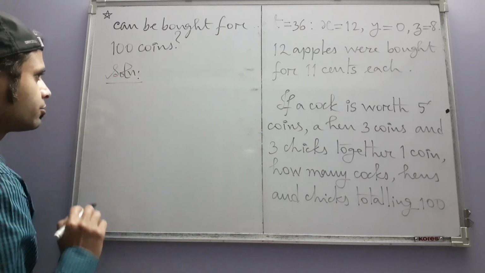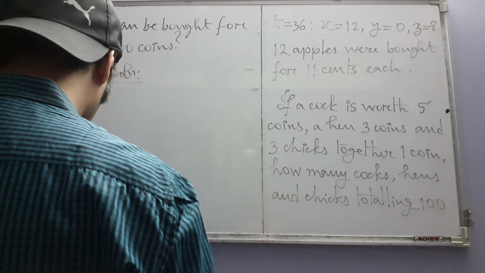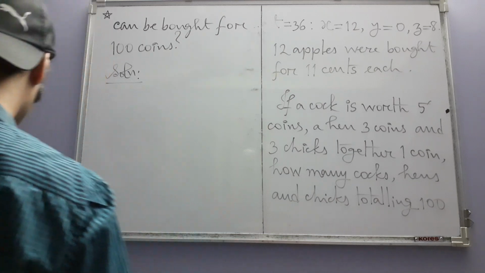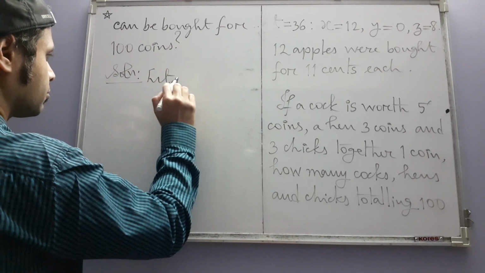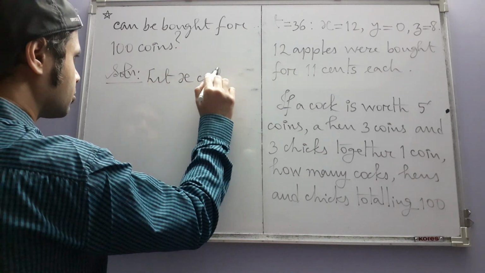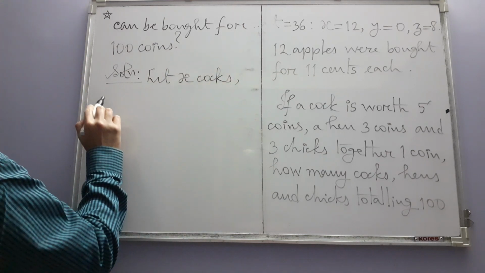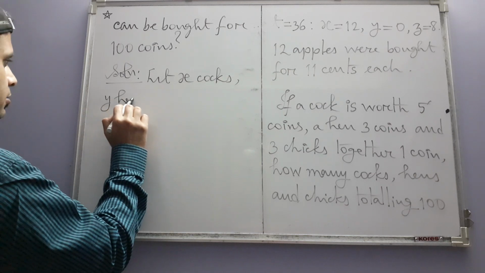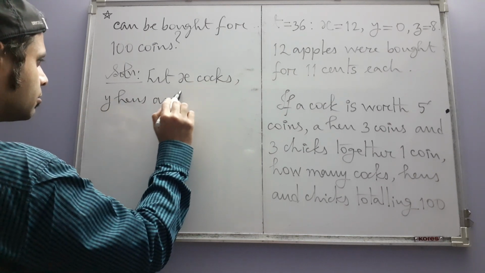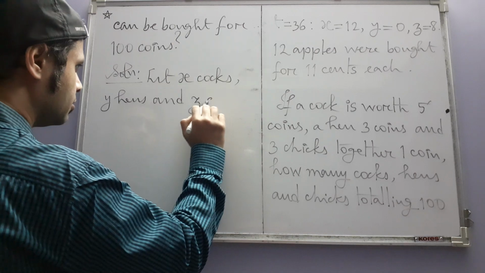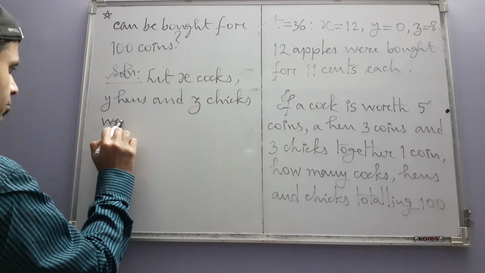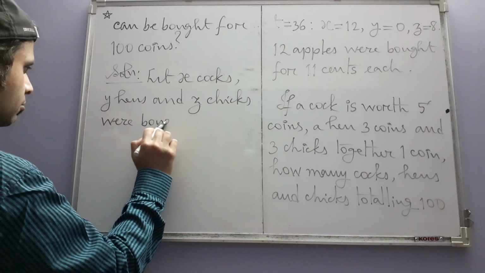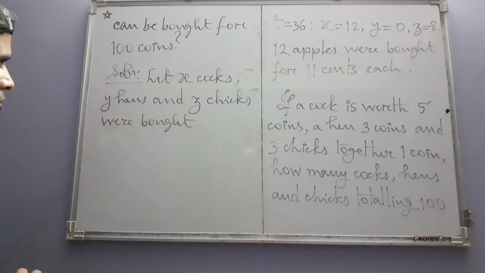In the solution you will have to introduce these variables. So let x cocks, y hens and z chicks be bought.